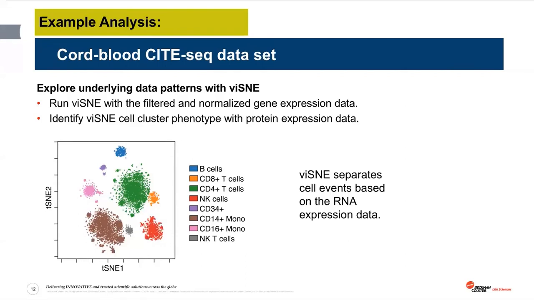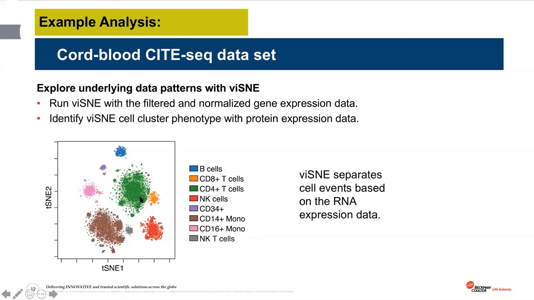You don't use the protein expression matrix for your analysis. Then you will save that protein expression matrix information, and based on the protein expression, you can identify or phenotype the Whitney cell clusters after you complete the Whitney with your gene expression data.